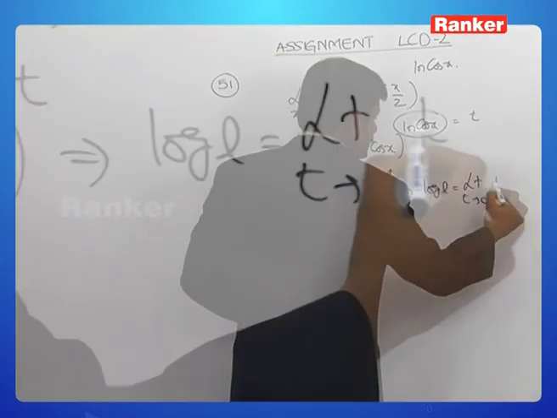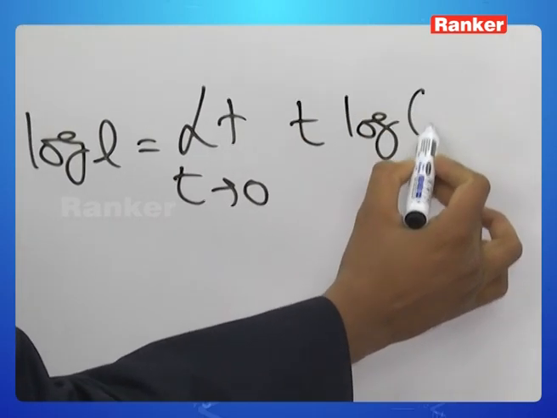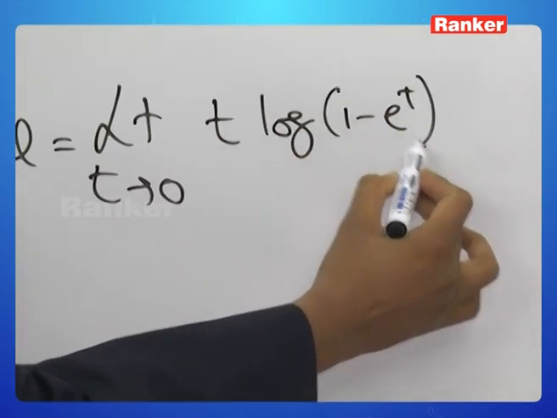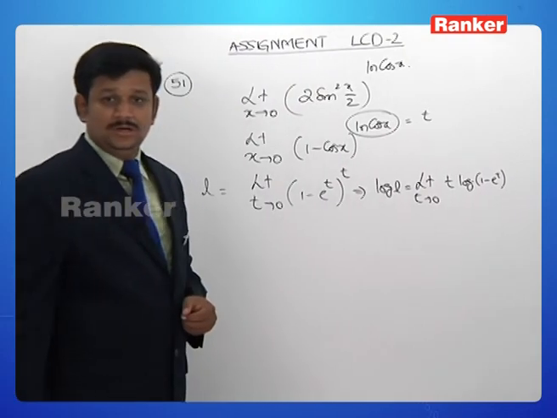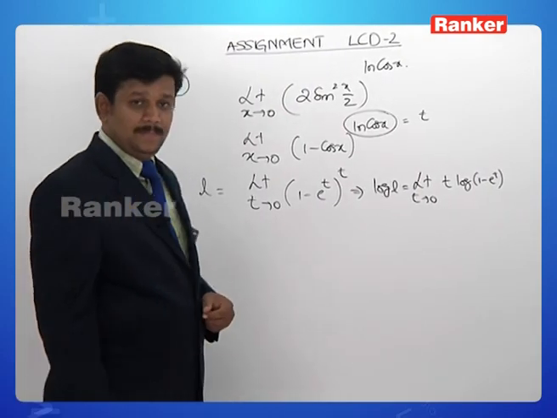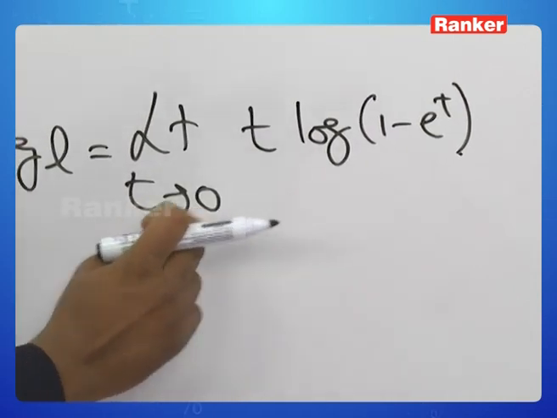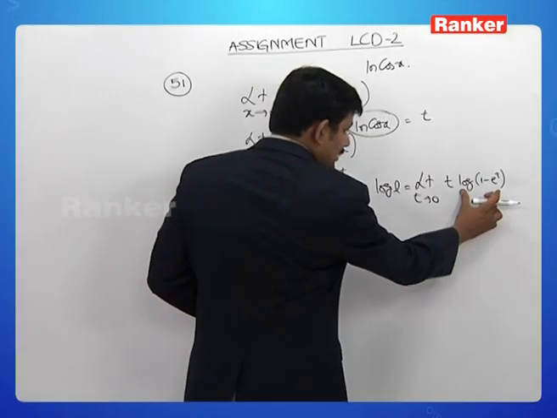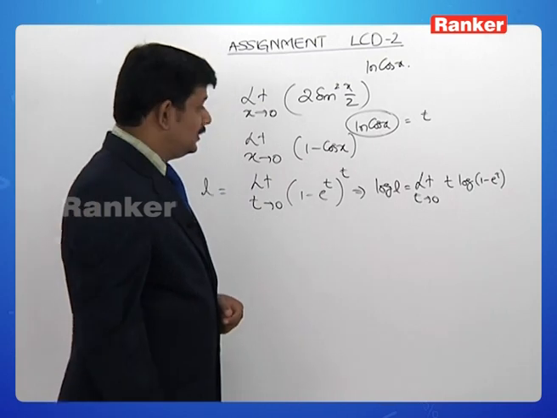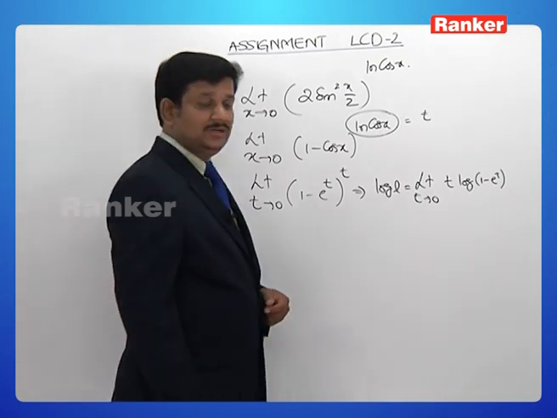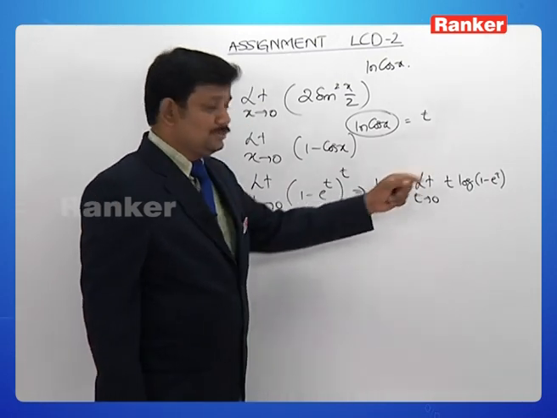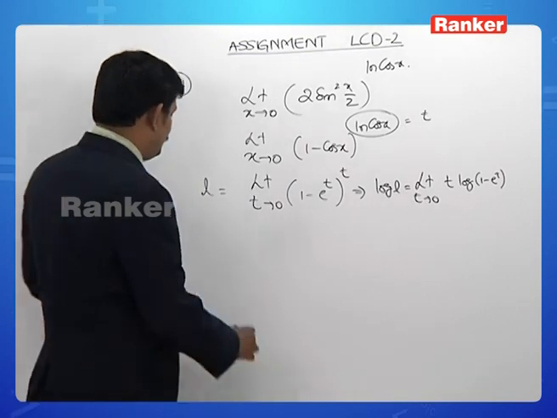So, this is t log of 1 minus e power t. Now, this is 0 as t tends to 0, this is infinite as t tends to 0, this is 0 into infinite form, an indeterminate form.